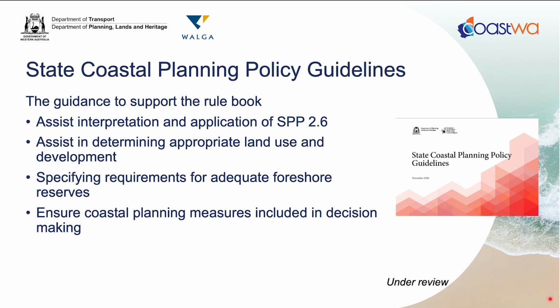As with its state planning policy parent, SPP 2.6, it's also under review. A large part of this training module is brought in from this guideline document, and it is a fairly detailed document that provides a lot of information for users.